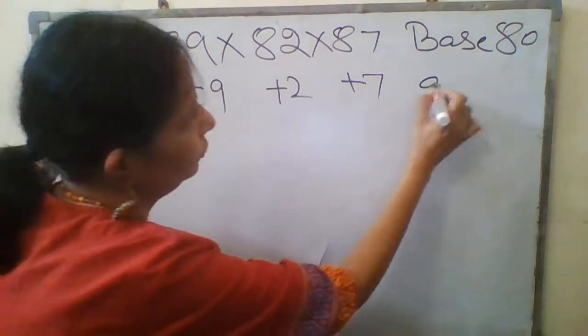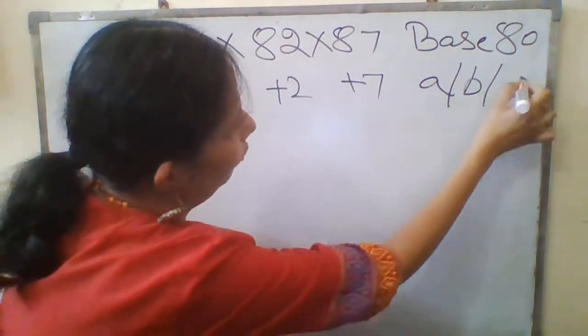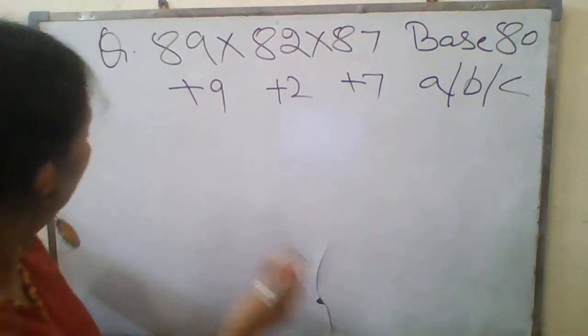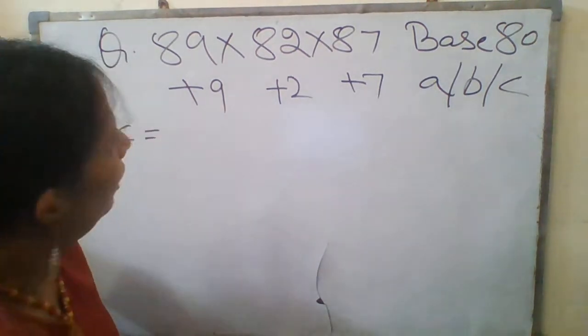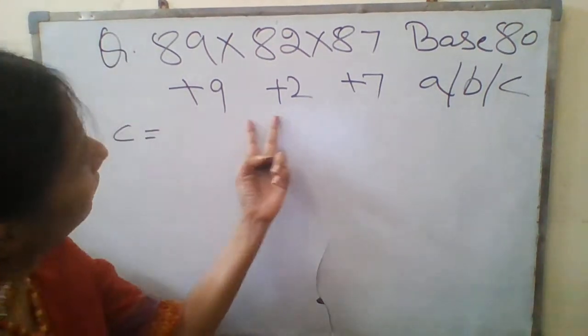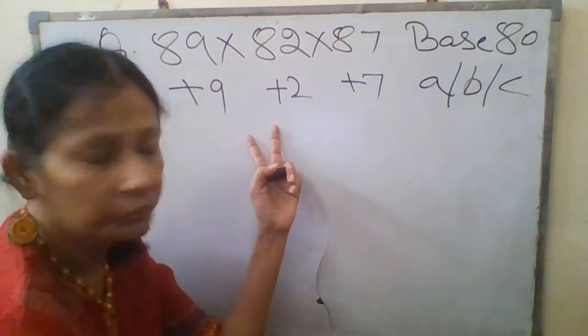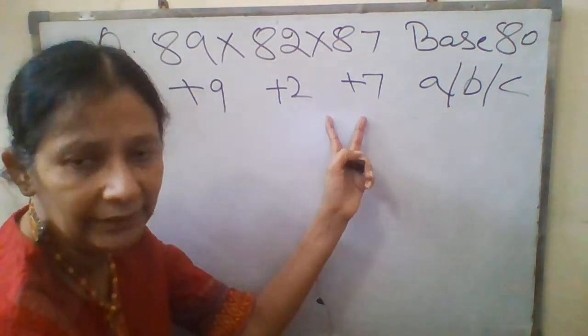So first you write down A oblique B oblique C. Now you have to first find out the value of C. You look at these values. These are the excess values.